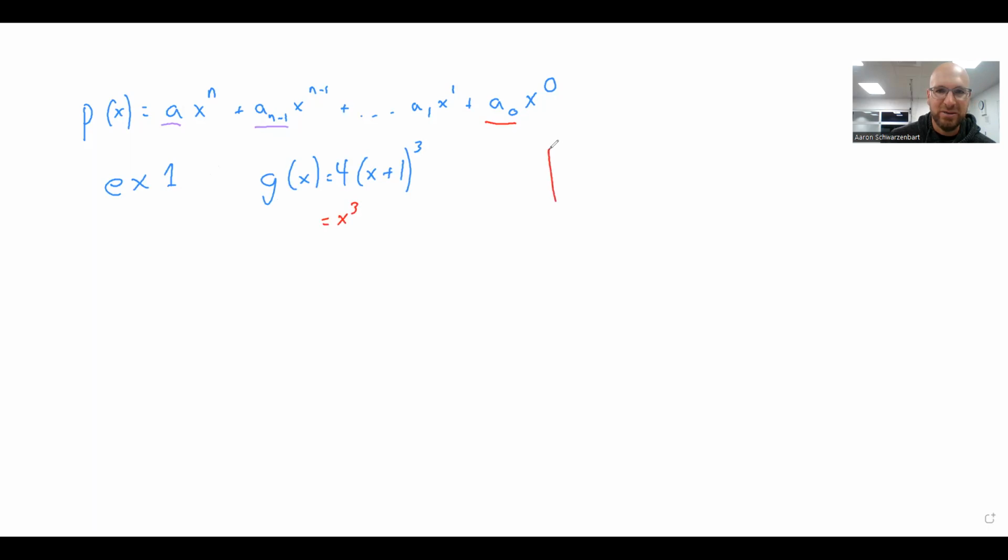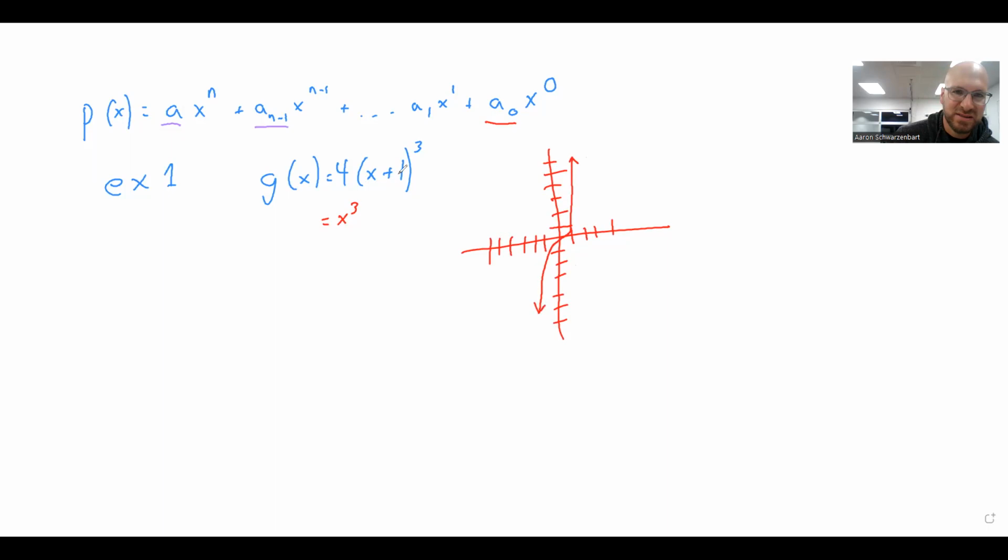So I'm going to take my graph. The cubic was one of our 12 basic functions. The basic quintic looks very similar. And it looks like this.